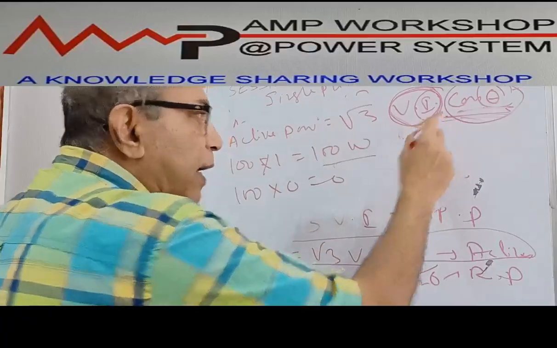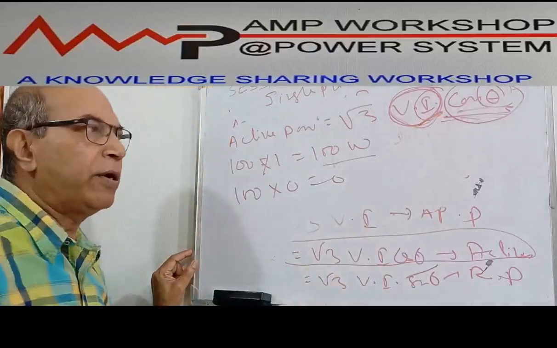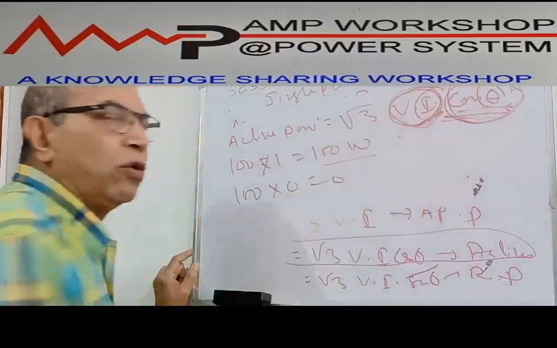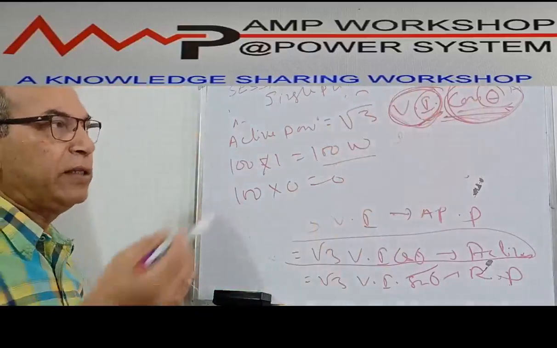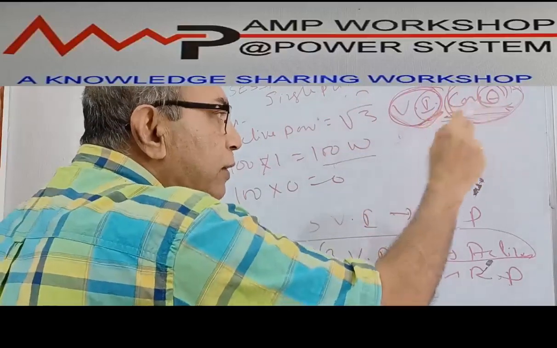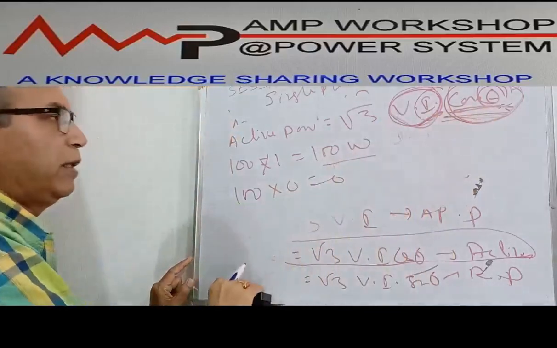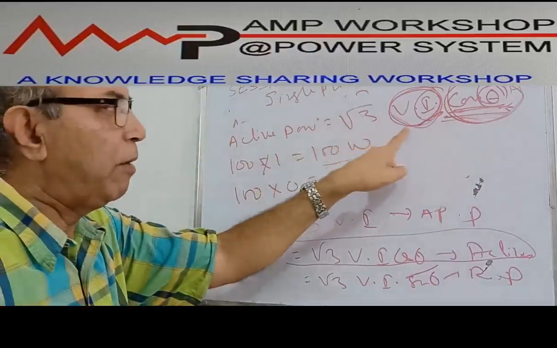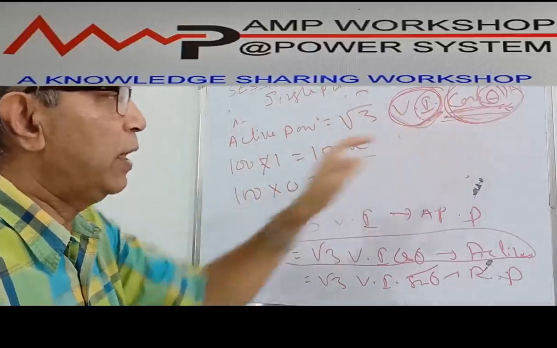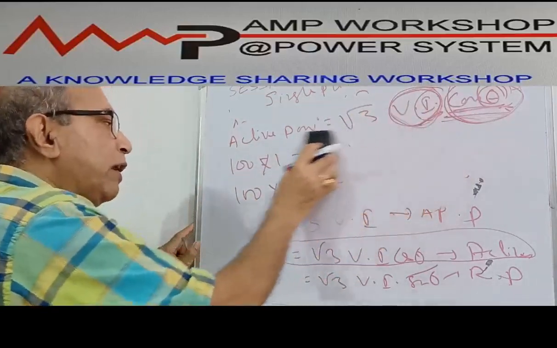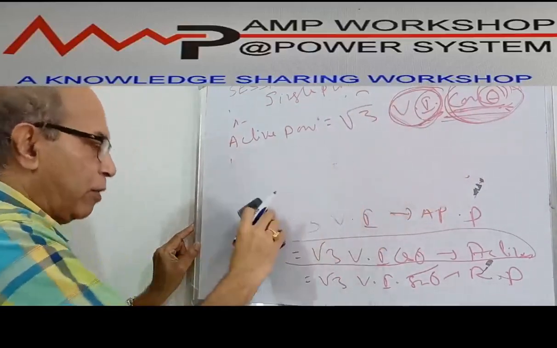The circuit is carrying current I, but ultimately we are not getting any power due to the power factor of the load. So when you get the active power V into I into cos theta, this cos theta is controlling the actual power of the circuit.